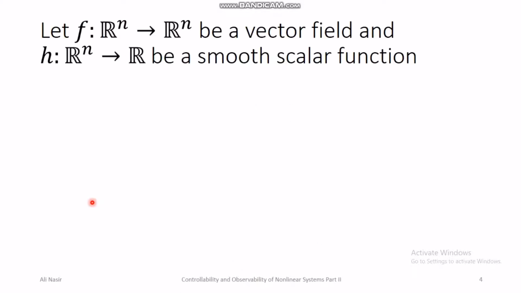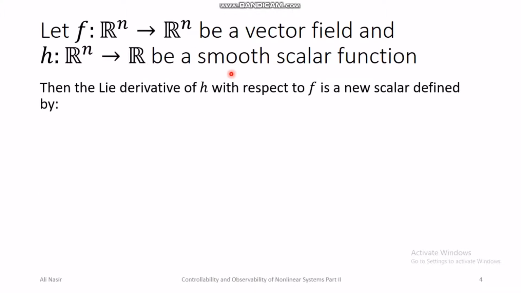And now we come to the Lie derivative. So let us suppose we have a vector field and a scalar field. Then the Lie derivative of h with respect to f is a new scalar defined by L sub f of h equals del h dot f.